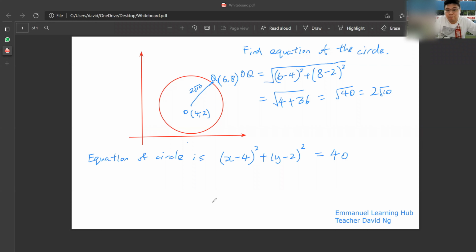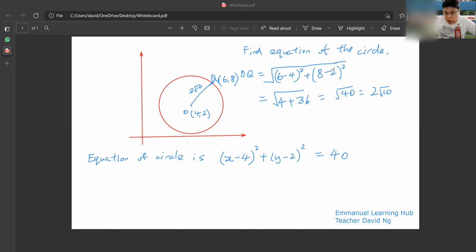Understand now? But isn't it you're using the equation to find the equation? Because what you did on top, the square root, it came from the equation. No, this one is Pythagoras theorem.